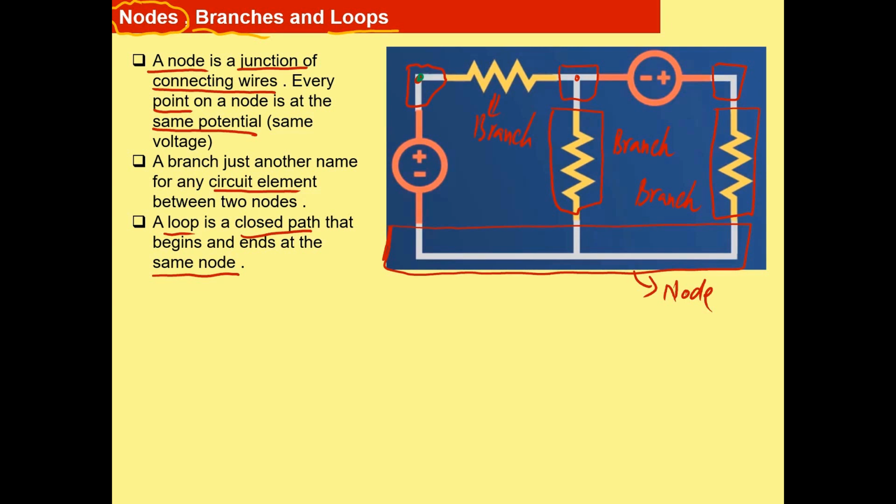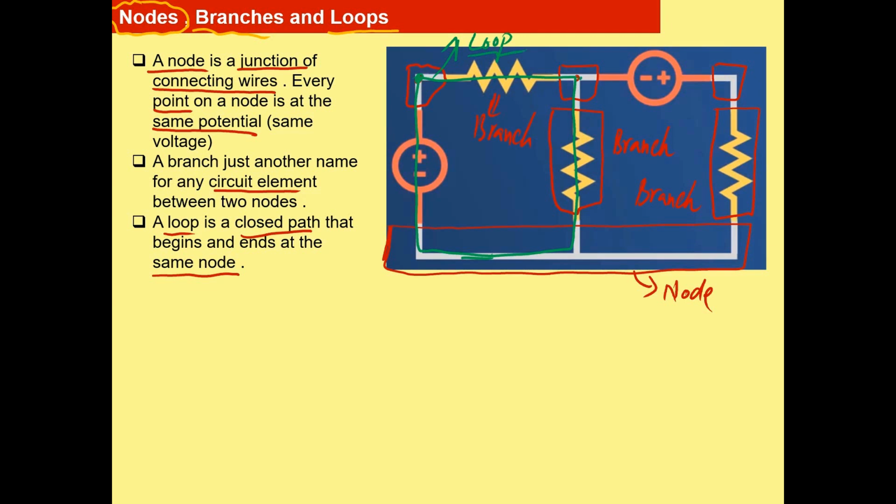If I start from this node, go this way, and finally come back to the same node or same point, this rectangle you can see here is one loop.